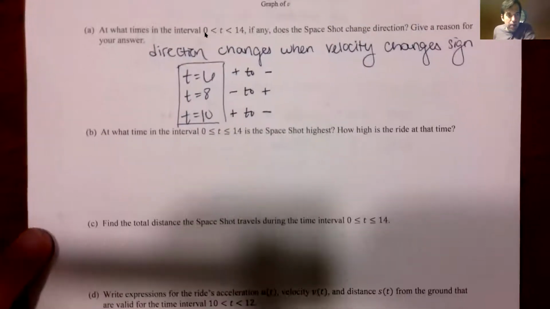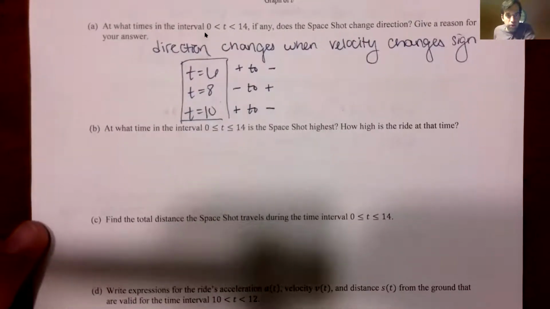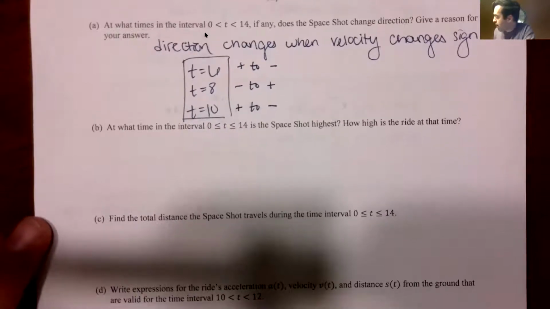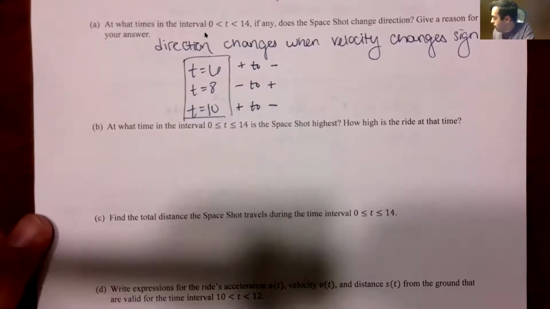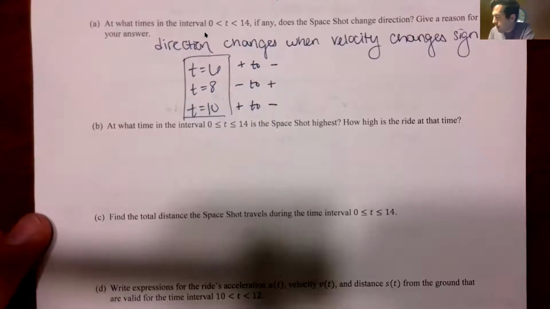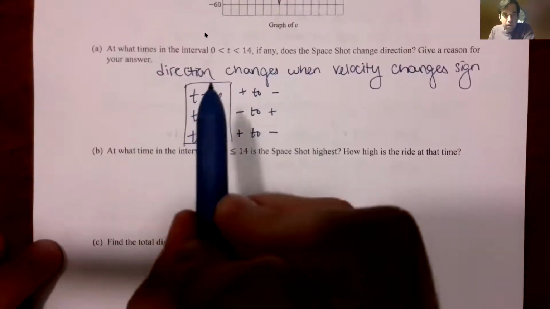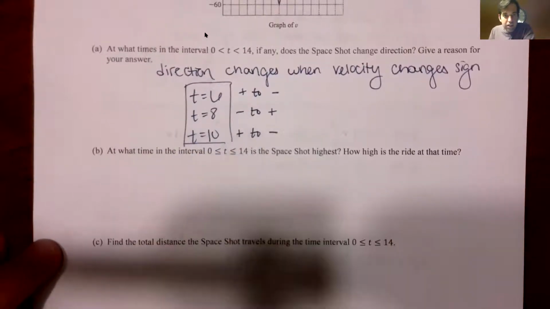Letter B, at what time in the interval from 0 to 14 is the Space Shot highest? How high is the ride at that time? Interesting. Okay, so we want to set up a candidates test, and we've already found all of our critical points when the velocity changes sign.